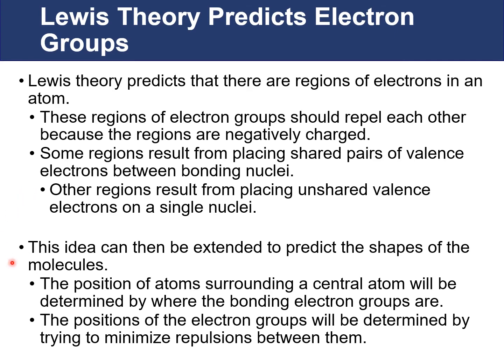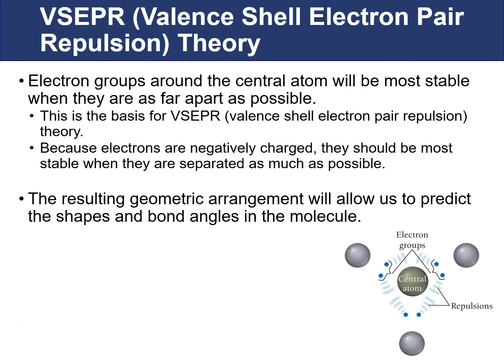This idea can be extended to predict the shape of molecules. The positions of atoms surrounding the central atom will be determined by where those bonding electron groups are. The position of the electron groups themselves will be determined by an attempt to minimize the repulsion between them. This brings us to our valence shell electron pair repulsion theory, or VSEPR, which is an add-on to the Lewis theory.